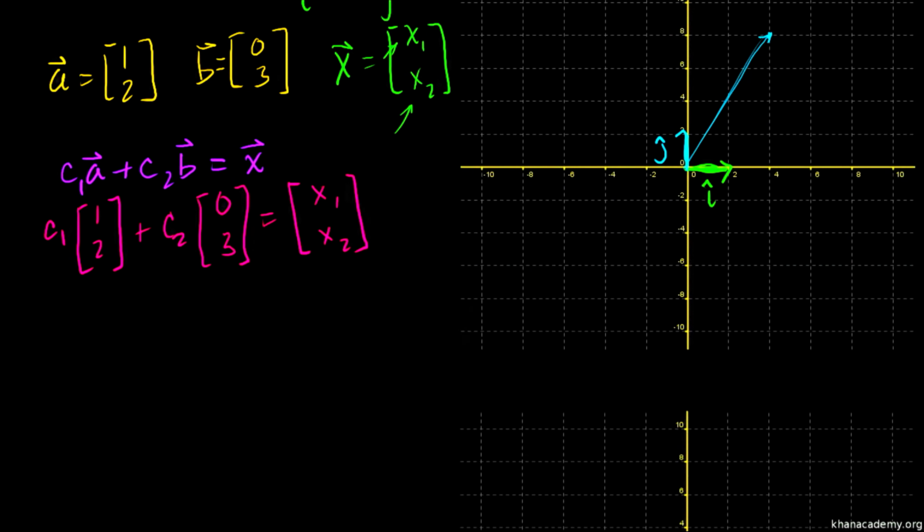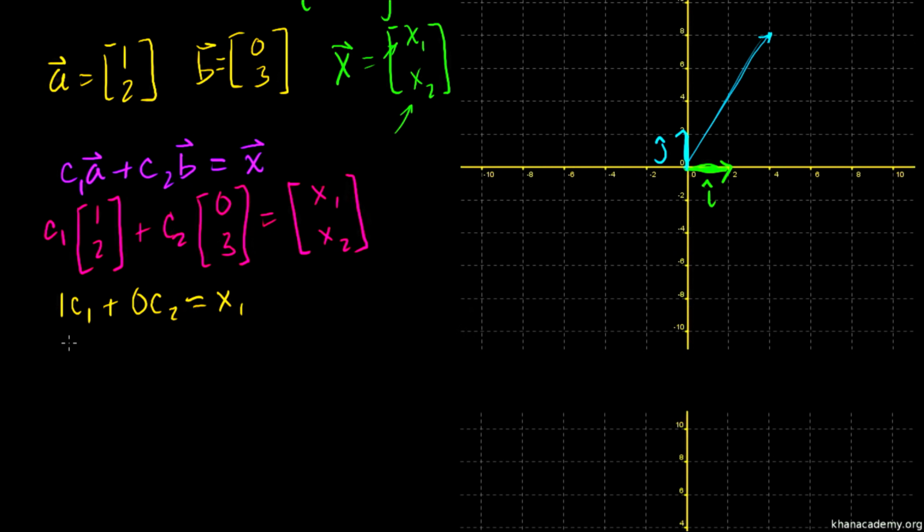So let's see if I can set that to be true. If this is true, then the following must be true: C1 times 1 plus 0 times C2 must be equal to x1. We get that from our definition of multiplying vectors by scalars and adding vectors.